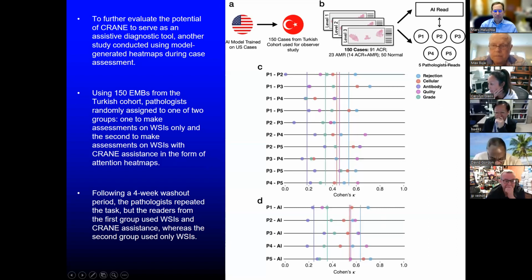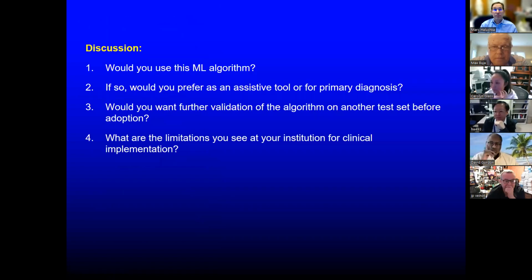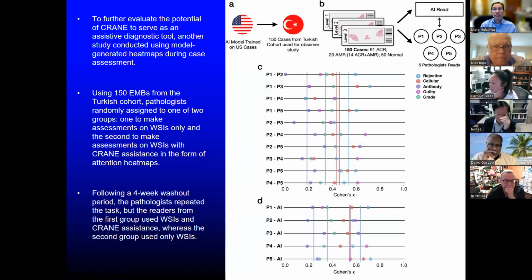And then the ACR and quilty seem to be tied for doing the best, reaching even 0.8. So with this data, I think the conclusion was that it definitely improves, whether it's a human or computer, in terms of variability.